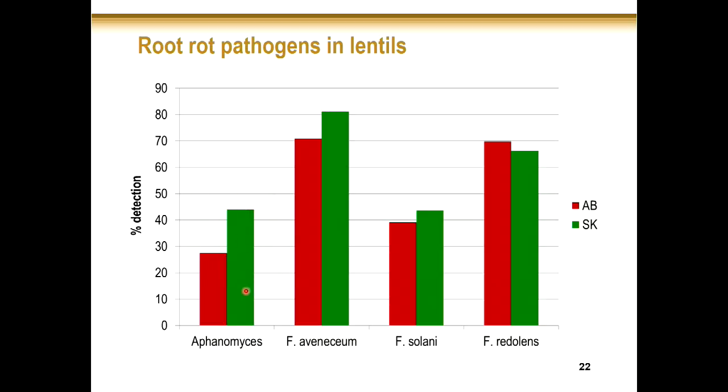We can see that they have about 45% of lentil fields positive for Aphanomyces, whereas in Alberta we had about 25 to 30% of fields that were positive. But those Fusarium species are coming back to rear their ugly heads again, where we can see about 70 to 80% of lentil fields are also positive for Fusarium.